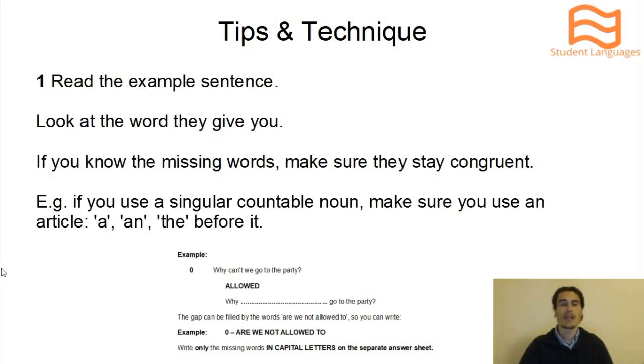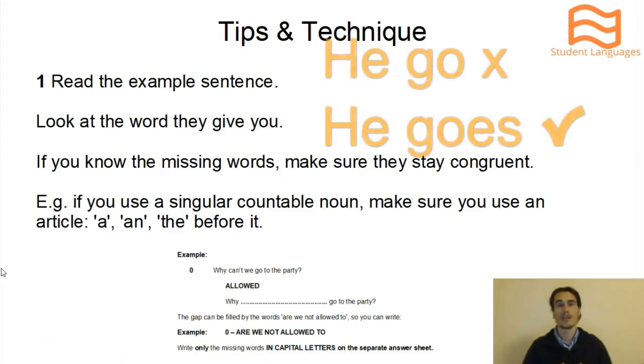If you use a singular countable noun, make sure you use an article, which can be either a, an, or the before it. Or, if you use a subject, for example I, make sure that the verb you use is the correct form of the verb that you need for that subject.